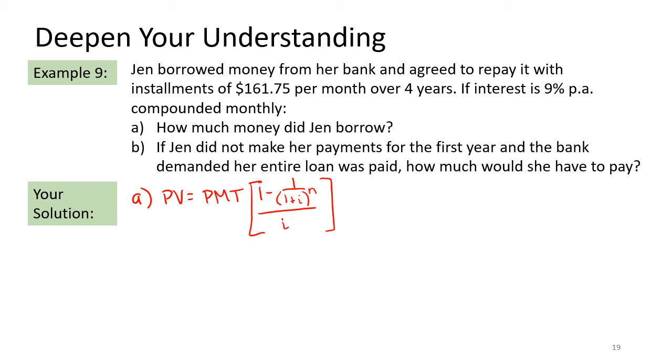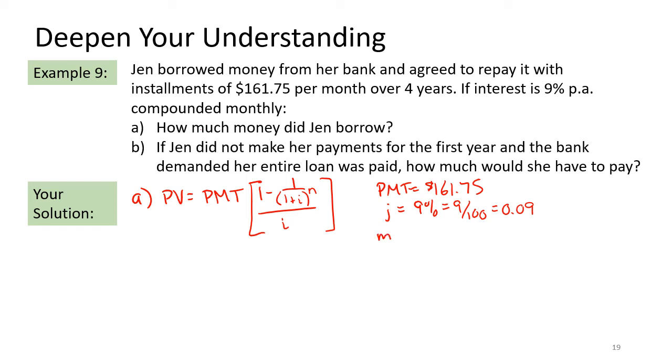Okay? So what that means is we need to figure out what some of these variables are. First of all, you know your payment is $161.75. You know that your nominal interest rate is 9%, which is 9 divided by 100, removing the percentage sign, which is 0.09.